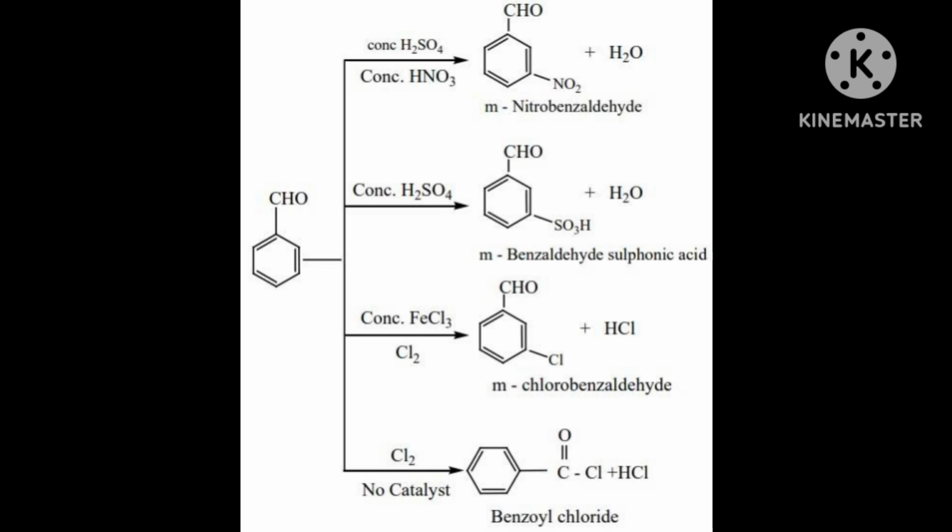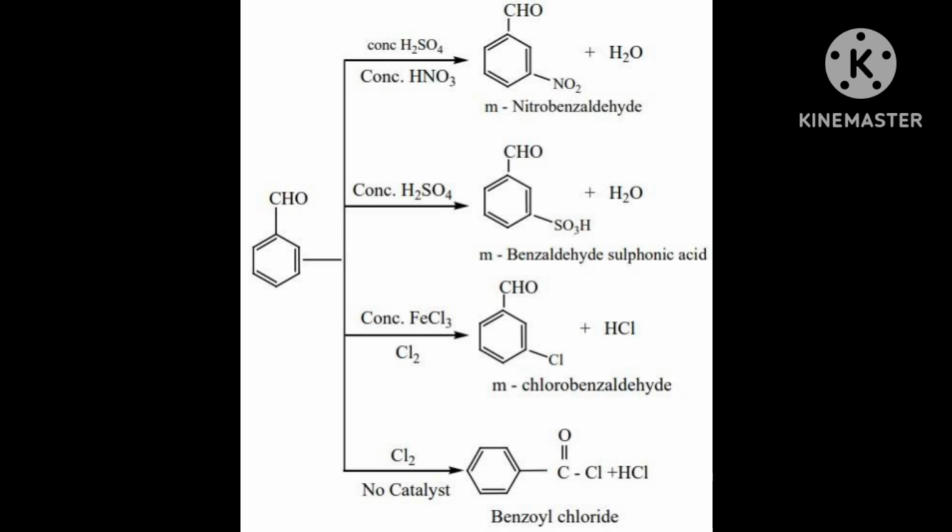Now it will become sodium benzoate: the benzene group with C double bond O and ONa, with Na plus coming to the O negative. Here we get sodium benzoate. Then 2 molecules of benzaldehyde give 1 molecule of benzyl alcohol, that is C6H5 with CH2OH attached.